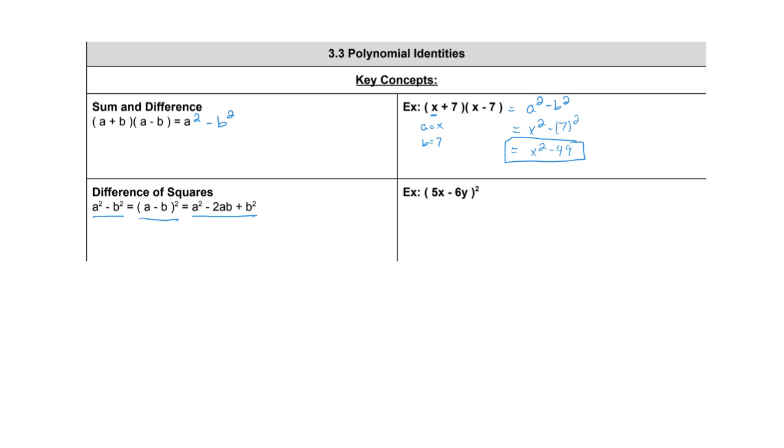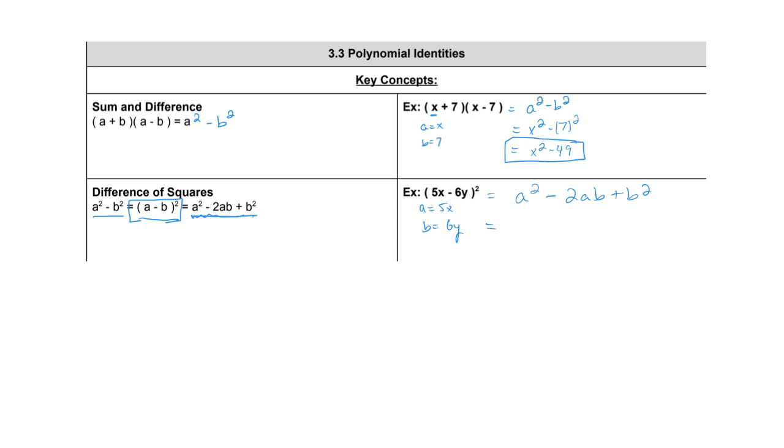So most of the time you're going to be given it in this form right here, a minus b, and that binomial squared is always going to come out as a squared minus 2ab plus b squared. So again, in the example, we'll label our a and b. Our a is 5x, and our b is 6y. Right, we know our answer is going to come out as a squared minus 2ab plus b squared.